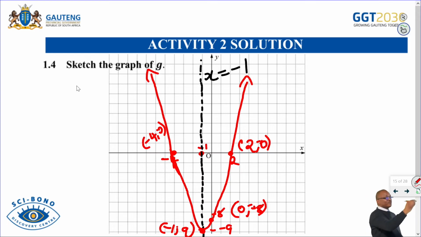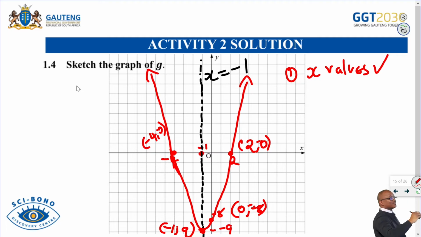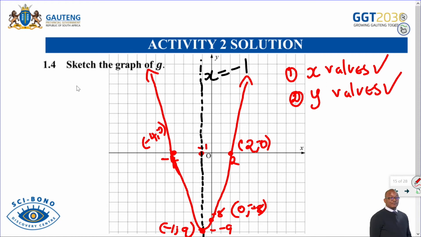And remember, we said when we mark, one mark is going to be for the x values or x-intercepts. Then the second mark will be your y values. Then the third one is going to be your turning point.